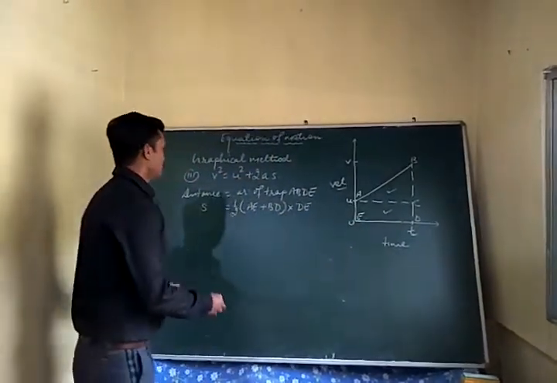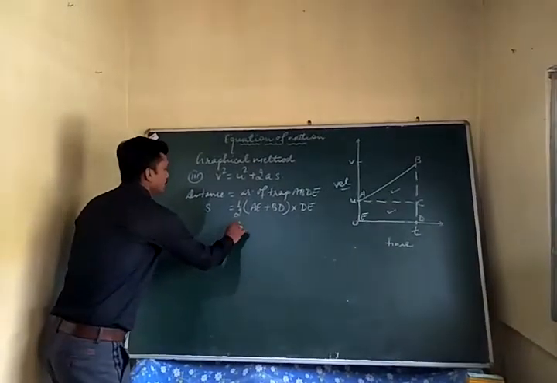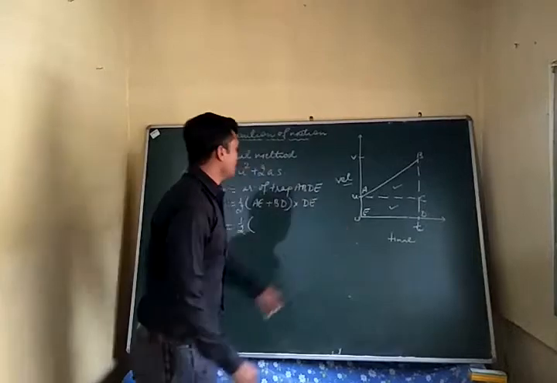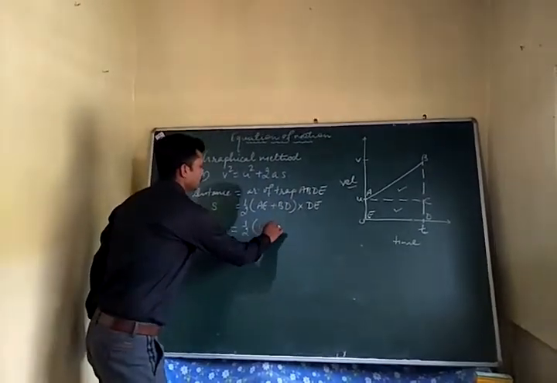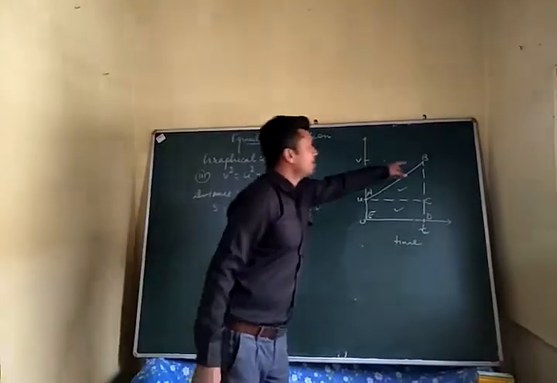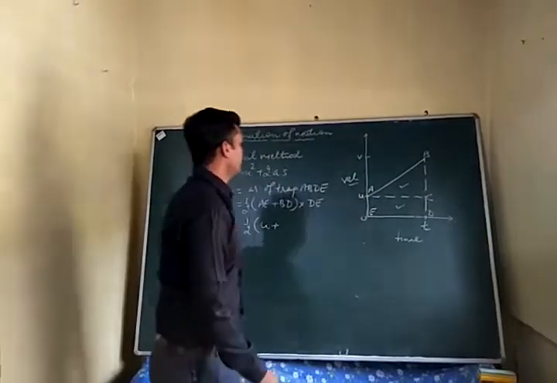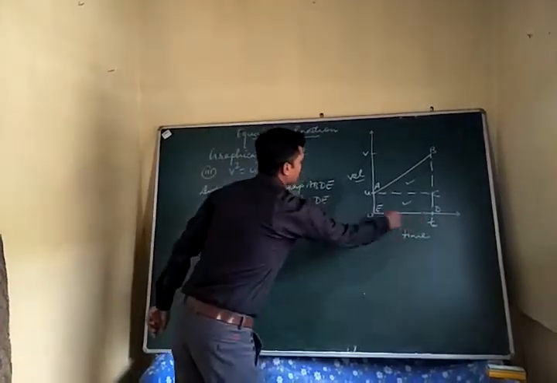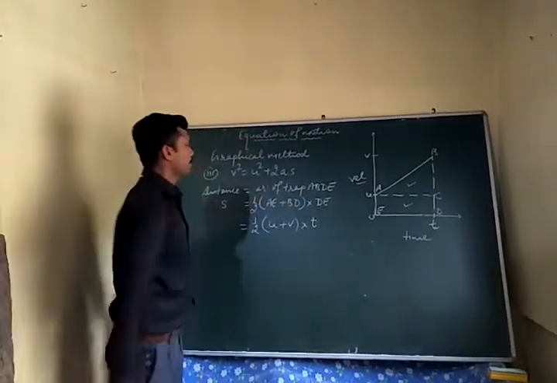Let us now put the values. AE will be equal to u minus 0, that is u, and BD can be equal to v minus 0, which is v. DE, you can see, is equal to t minus 0, which is t.